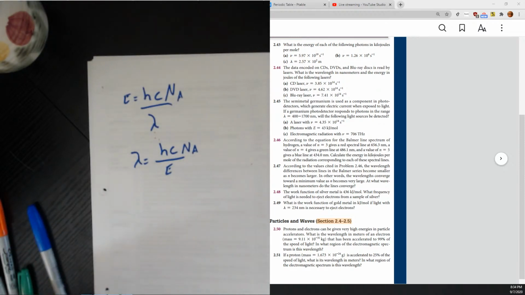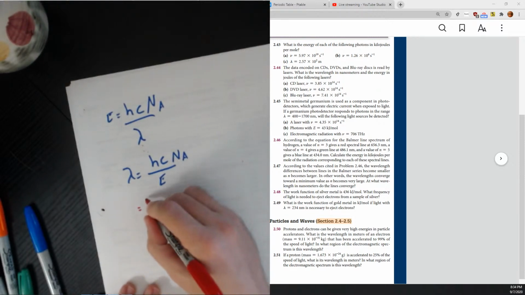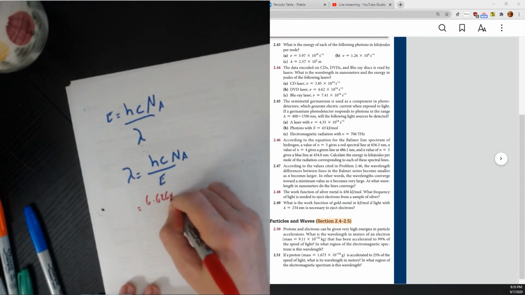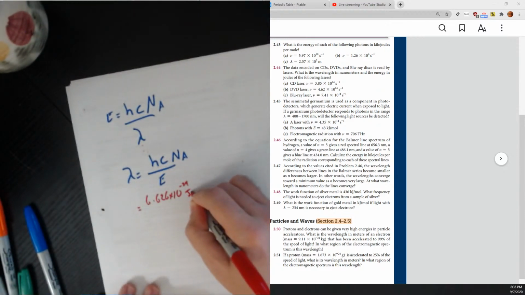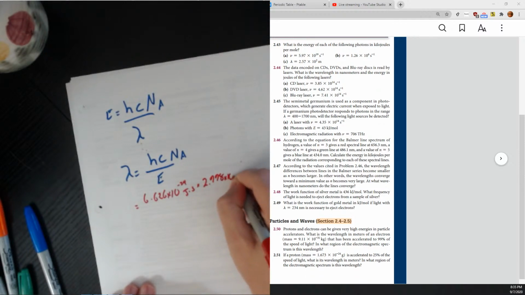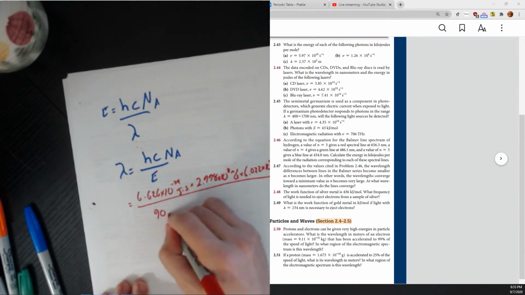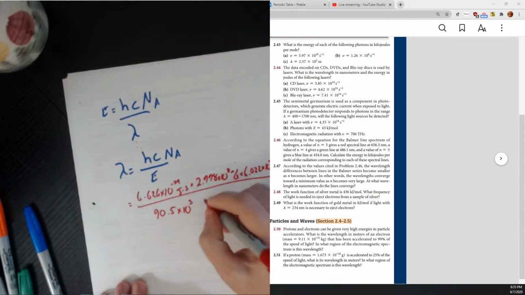All right. So our first one is 90.5 kilojoules per mole. So it's going to be 6.626 times 10 to the -34th joule seconds times 2.998 times 10 to the 8th meters per second times 6.022 times 10 to the 23rd per mole, and this first energy is 90.5 times 10 to the third joules per mole.